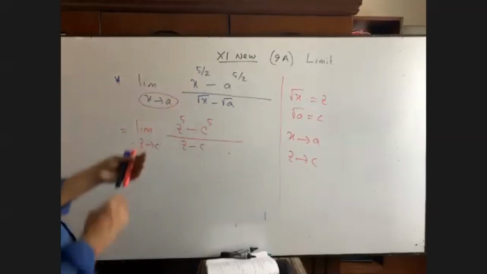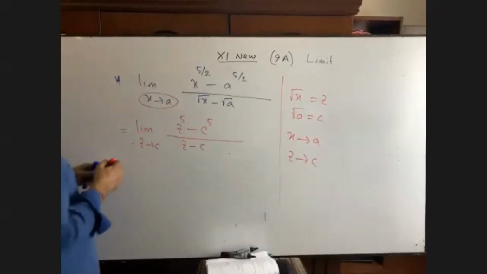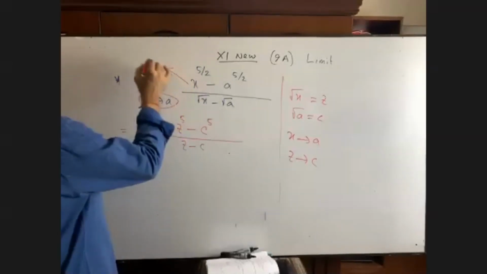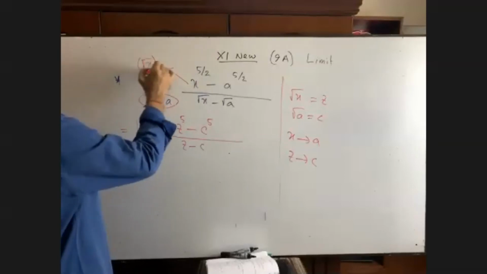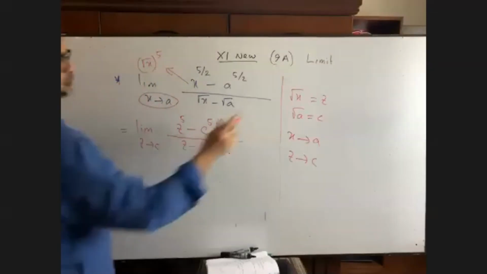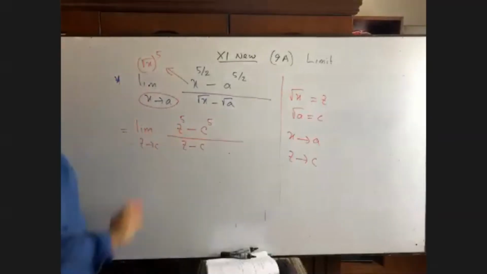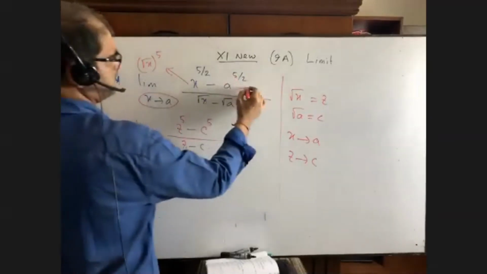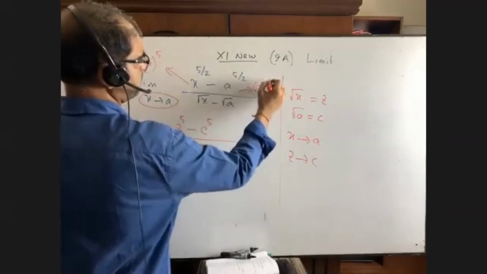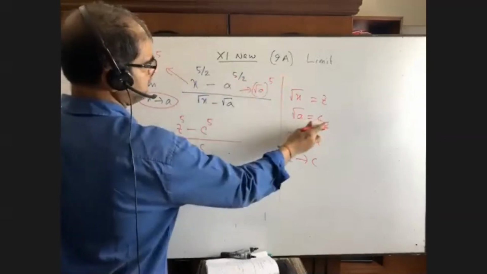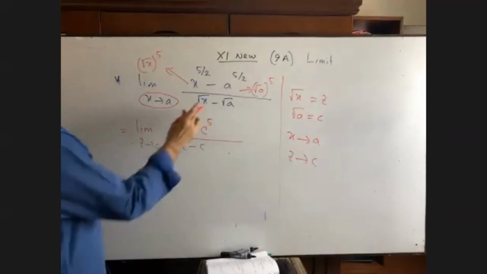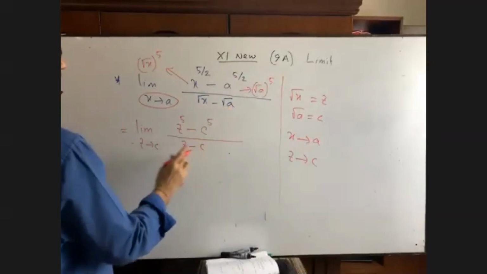What is the value of root x? Root x equals to z, so I have written z to the power 5. In the same way, it is root a whole to the power 5. Root a equals to c, so c to the power 5. Root x equals to z, root a equals to c.